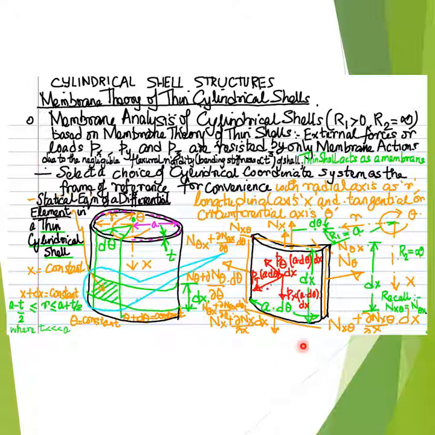It is worthwhile to mention here that the sign convention and the notation that has been adopted for representing the internal actions and the external forces is based on the premise that the internal actions are defined or measured per unit length, while the external forces or external loads are defined or specified per unit area.